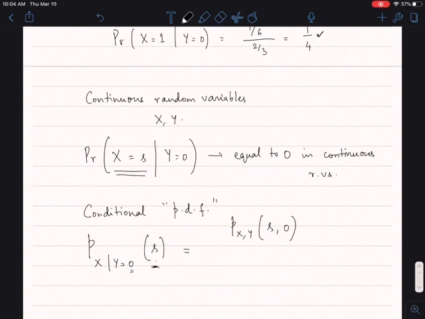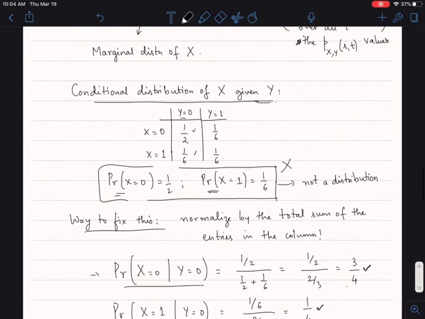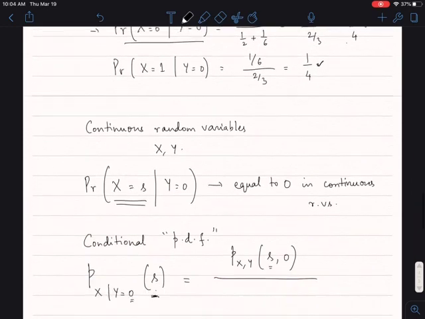So this is why this is on the numerator. And the denominator, if you remember what we did over here in the simple case, we summed over all the possible values of x while setting y equals 0, right? So we summed over this whole column, and now the analog of the sum will simply be the integral.